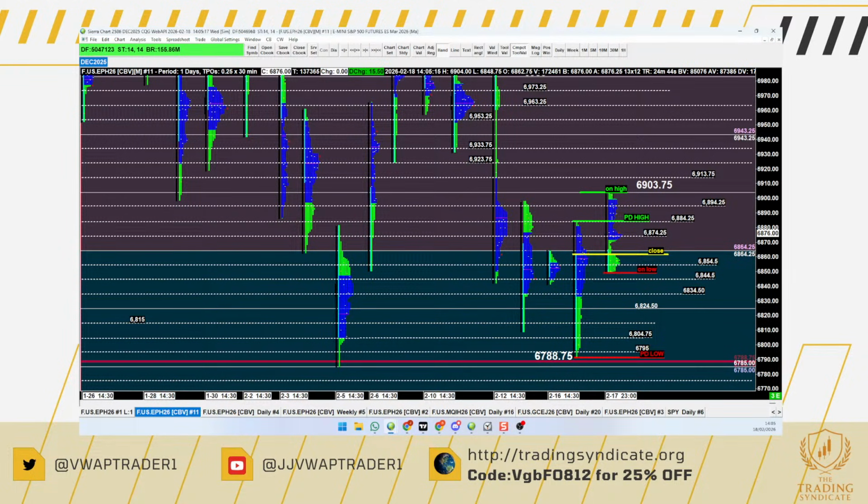What do we got here? There's my pointer. Overnight inventory is long. It was short early in the session, and then we took it and sold it up here. So the majority of the trading, at least 70-80% of the volume, is above yesterday's close.